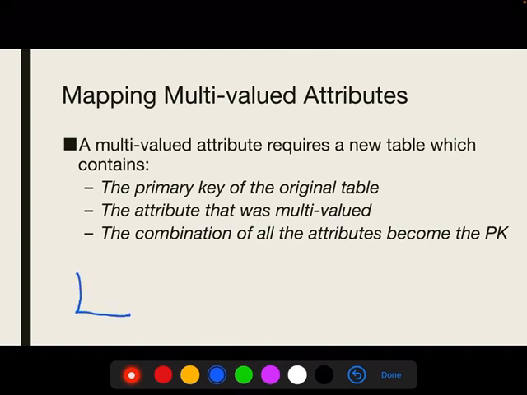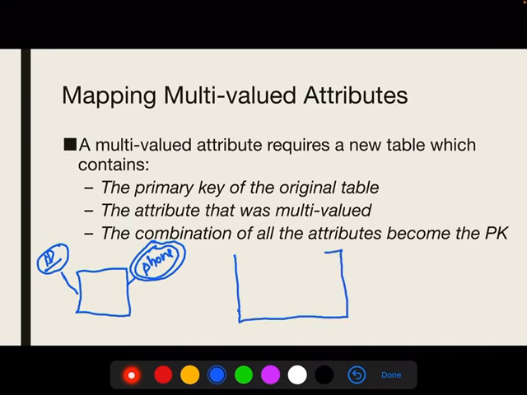So if we imagine in our ER model, we have some entity with its ID, and one multi-valued attribute that we had a lot of times was the phone number. In order to handle that, we're going to make a special table to list all of the phone numbers of every one of whatever these things are.